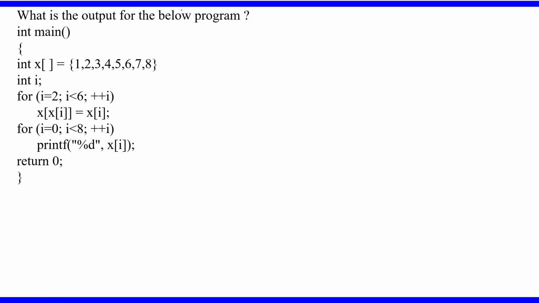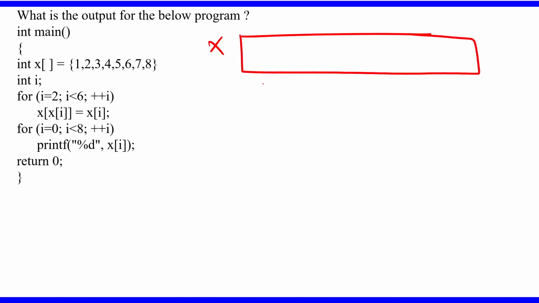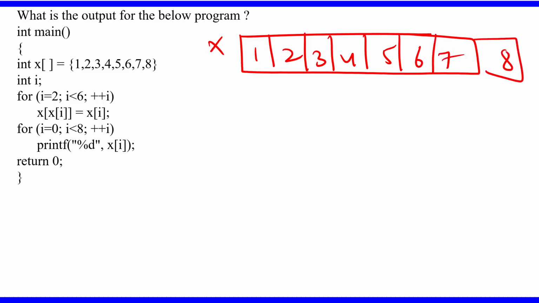Yeah, fine, easy. Let's see. See, array X contains values 1, 2, 3, 4, 5, 6, 7, and 8. Okay, so indexing I'll write here 0, 1, 2, 3, 4, 5, 6, 7.